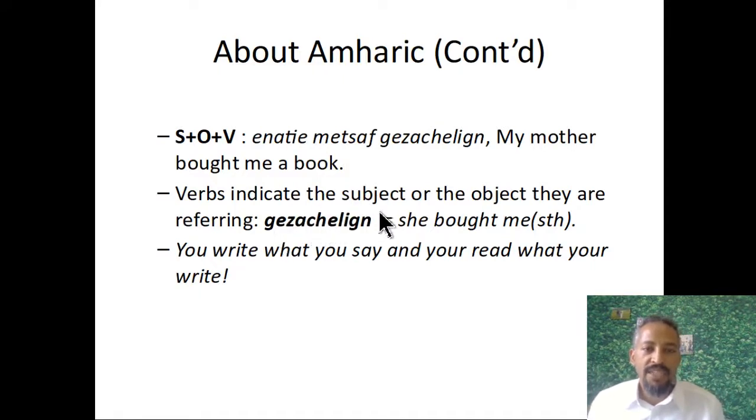Verbs indicate the subject or the object they are referring to. As in the example here, gazachilign is a very loaded verb. The verb itself shows the subject, the verb, and the indirect object: she bought to me.